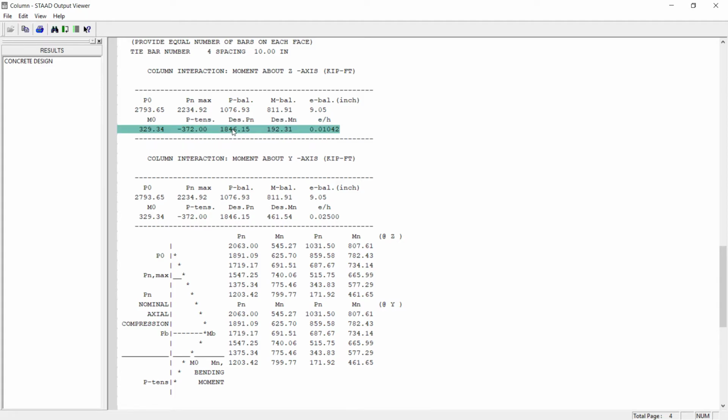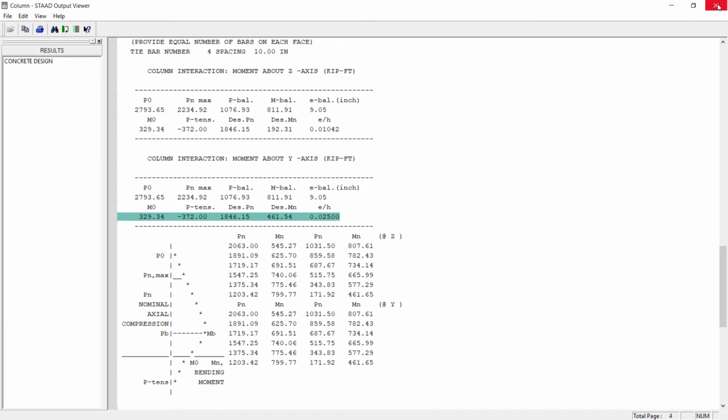For the design, Pn is 1846 and design moment was 192.31 exactly, 1846 and 461.5, so it comes out exactly the same.